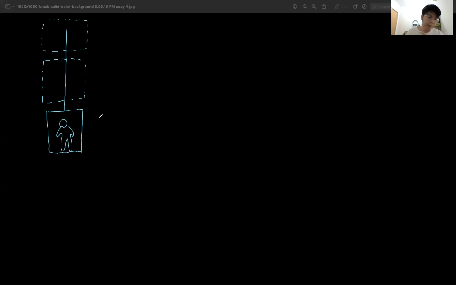Suppose that the elevator at first accelerates. So acceleration is a positive value. There's acceleration and the V is increasing. And in the middle, there's no acceleration. That means the elevator is moving at constant velocity.